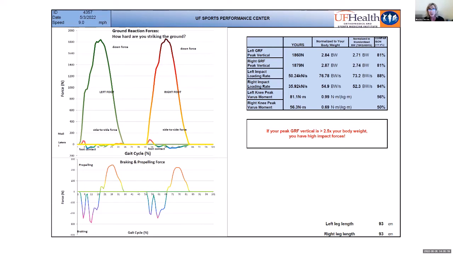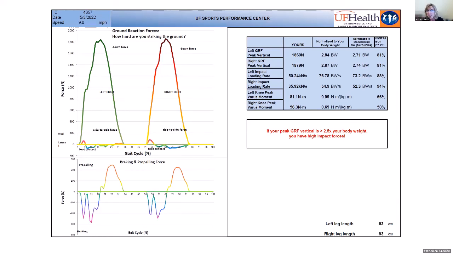The steeper this curve, or the sharper the curve, the faster he's loading on the ground. And we don't want fast loading, because that means he's really braking really hard. We want him to use the ground like he's using it to sort of float off of. Just use it to get yourself back up in the air really quickly.